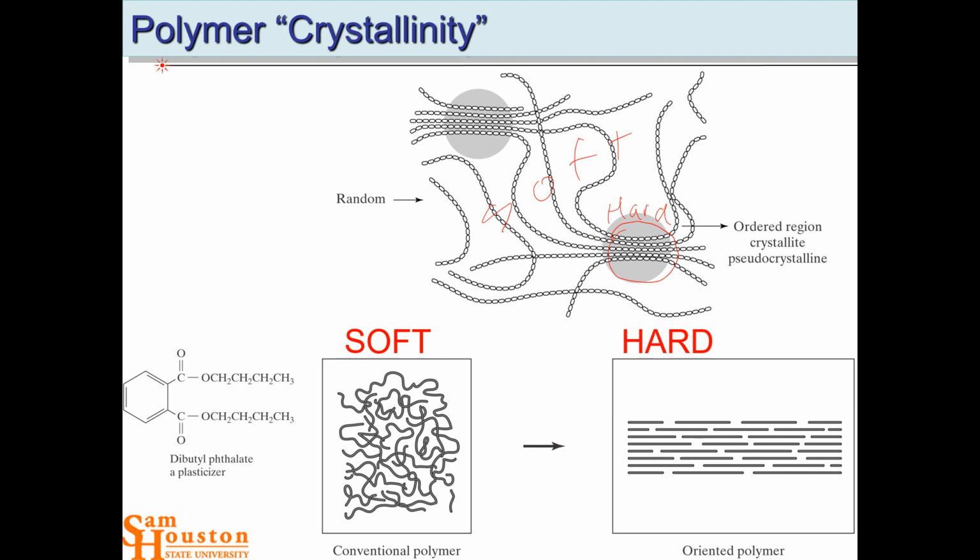And so this thing could crack from one hard region to another by just breaking a few of those chains. And so we really want to hold this crystallization back for flexible or soft polymers. And this is the number one reason why we use plasticizers. So the term plasticizer is to keep it plastic, not crystalline.